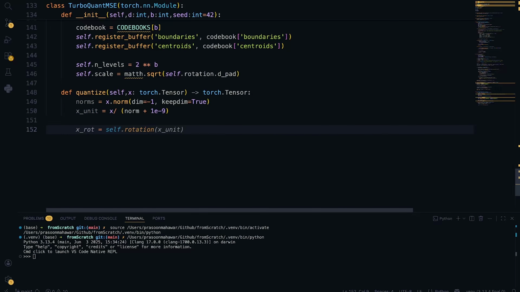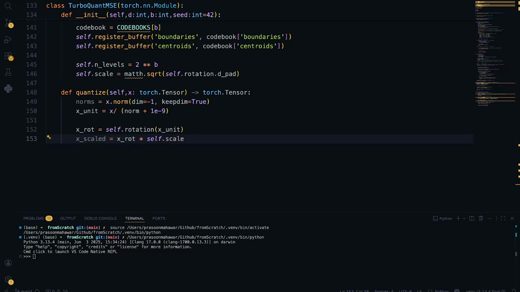Step 2 will be random rotation. So x_rot equals self.rotation of x_unit. This is correct. Then step 3 is scale to match the codebook. We scale to match the scale of that, so x_scaled will be equal to x_rot multiplied by self.scale. And step 4 is per-coordinate scalar quantization using the codebook, which assigns each value to the interval defined by the boundaries.